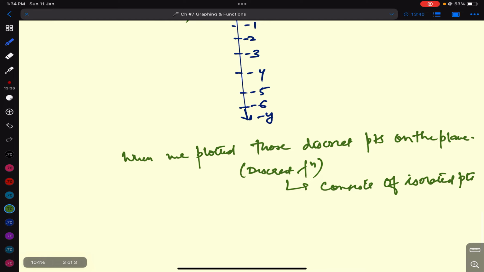But when we draw the line by making use of those points and also extending the line in both directions, we get the opposite of a discrete function, which becomes your continuous function.